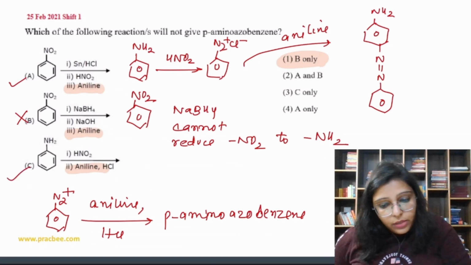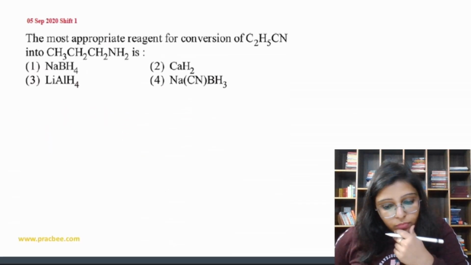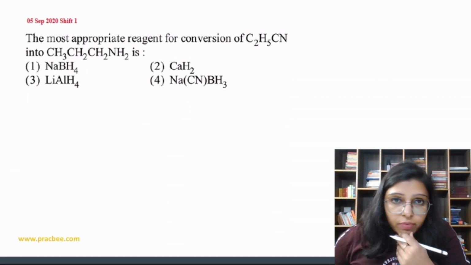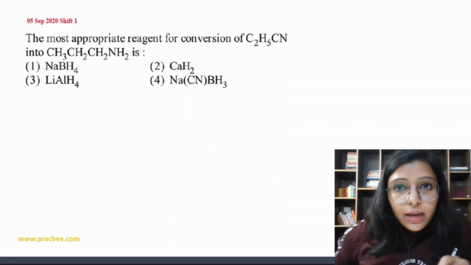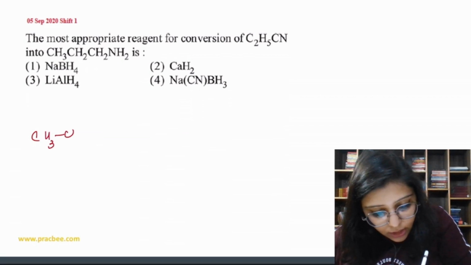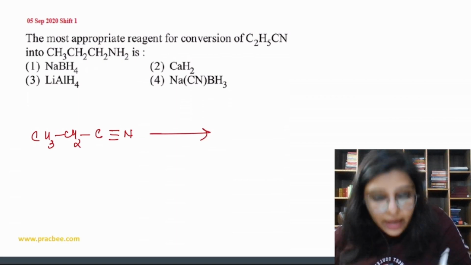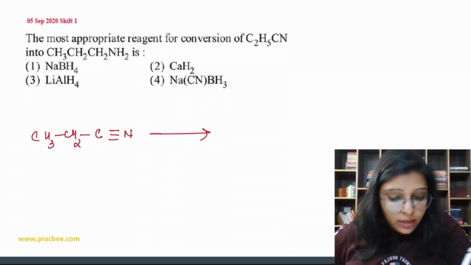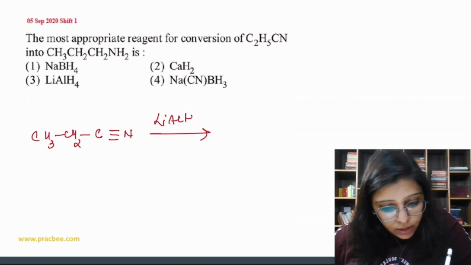Now, next question. The most appropriate reagent for the conversion of CN to CH3CH2CH2NH2. So see, CH3CH2C triple bond N, and NaBH4 cannot reduce it, right? LiAlH4 can reduce.